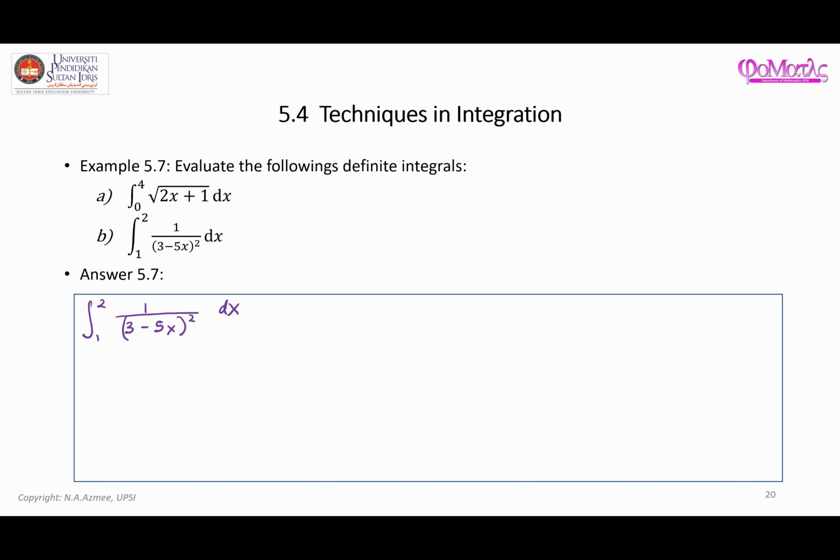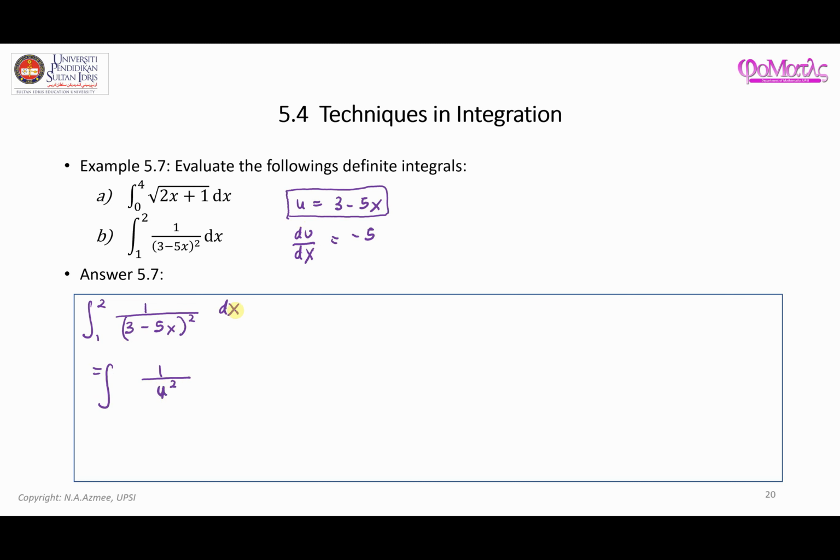So I'm going to let u be 3 minus 5x, du/dx is negative 5. So first of all, we have 1 over u squared. Okay, so this is u now. We have replaced this with u.